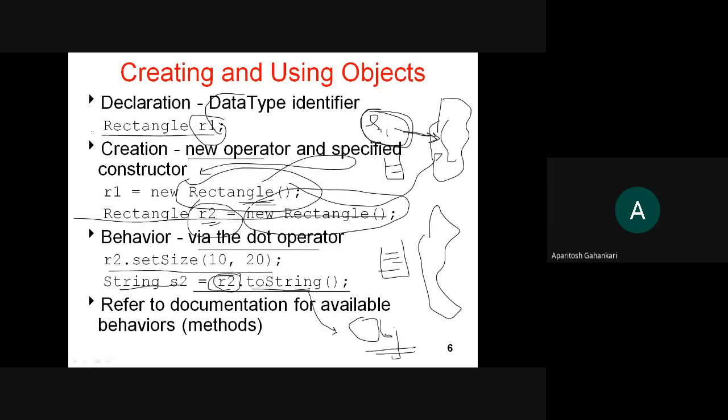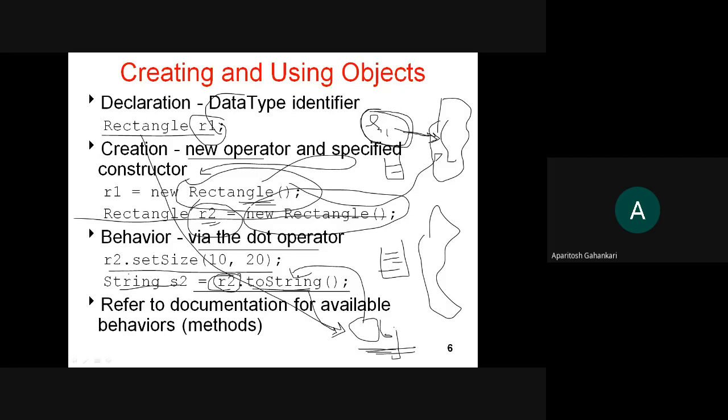Whichever Java class you write, even without using the concept of inheritance, you are inheriting from the Object class only. So ultimately, anything you write in Java, whether it is a class or an interface, all the classes and interfaces have the ultimate parent class as Object class, and this toString method is defined inside the Object class, and as this Rectangle class is inheriting from the Object class, this method is available with r2.